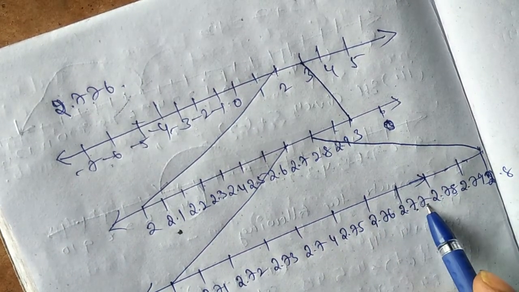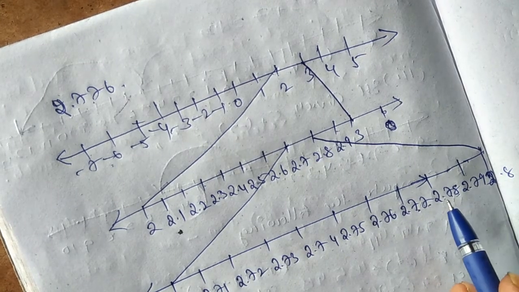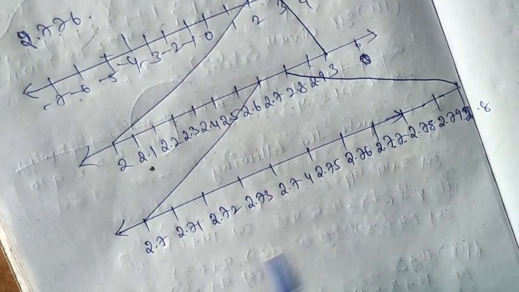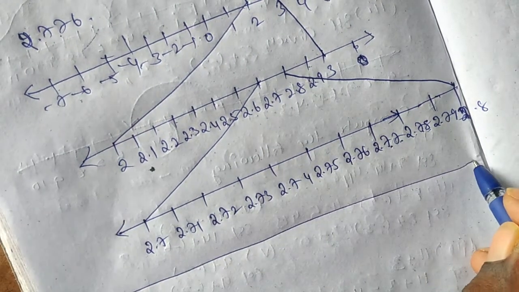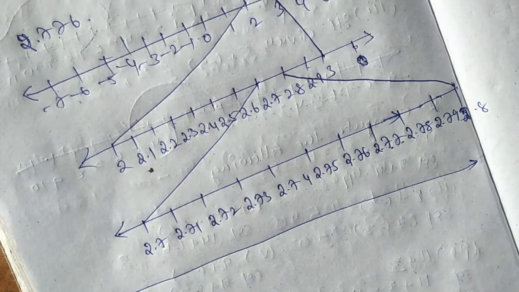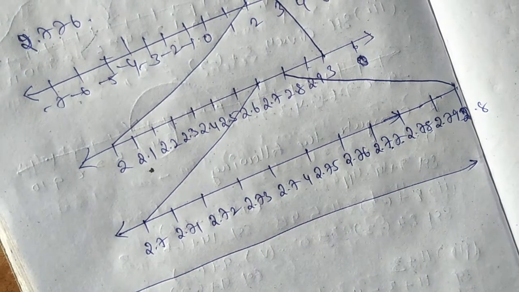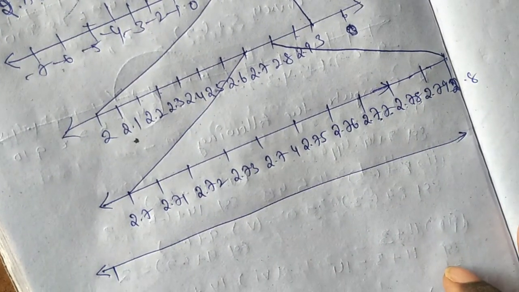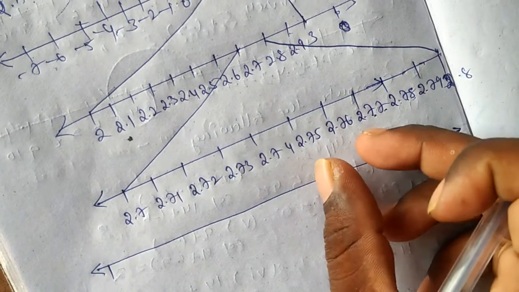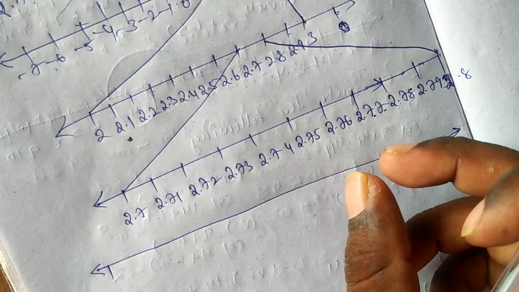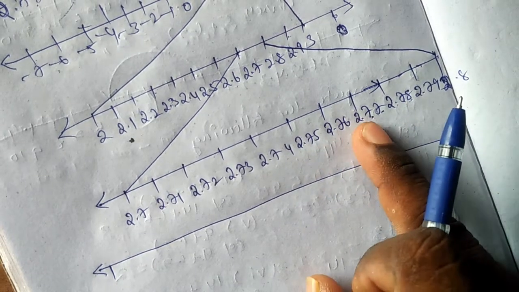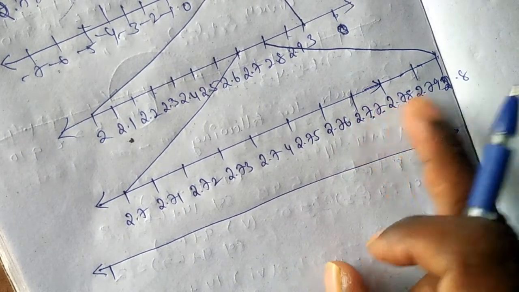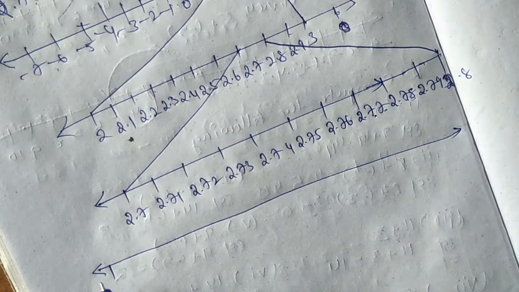Next, I am going to magnify that portion. Again I take the magnifier and divide it into 10 equal parts, the portion between 2.77 and 2.78.